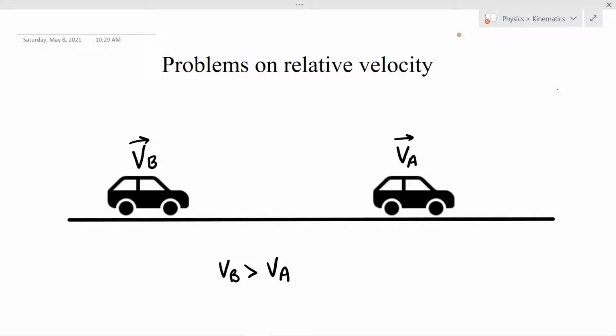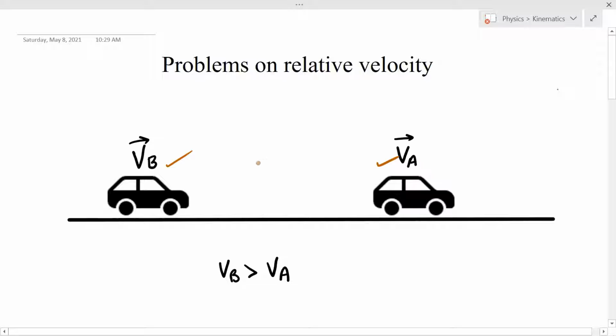The meeting point problems are the problems where there are two objects, suppose this car A and this car B. Let's say these two cars are moving with certain velocities, that is VA bar and VB bar, towards right. And let's say the velocity magnitude of car B is greater than the velocity magnitude of car A. Then this car B will obviously catch this car A at a certain instant of time.